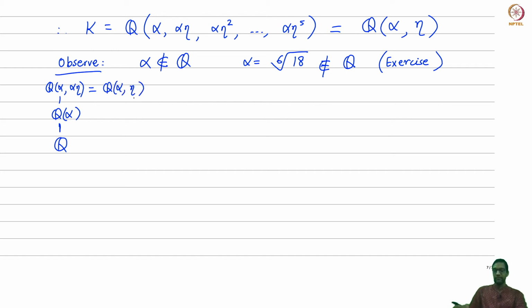And once I have eta, I don't need to adjoin any further roots, because once I have alpha and eta, I have alpha eta square, alpha eta cubed. Every one of those other roots already belongs to this extension Q(alpha, eta). Okay, therefore I have understood what my splitting field looks like. It's obtained by adjoining alpha and eta. So now we need to understand how to find the degree of this extension.